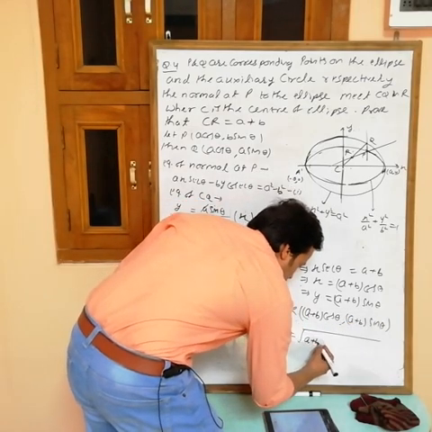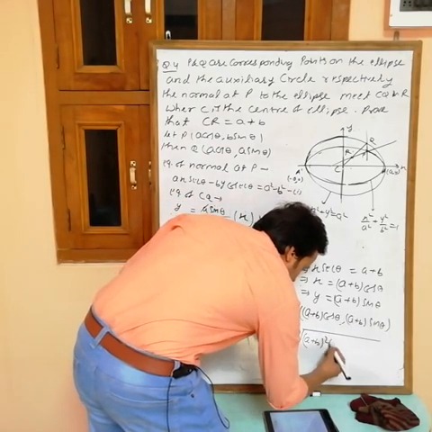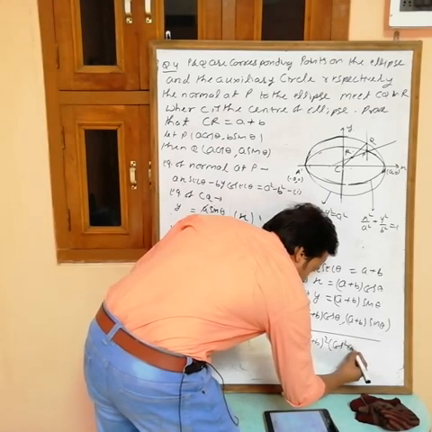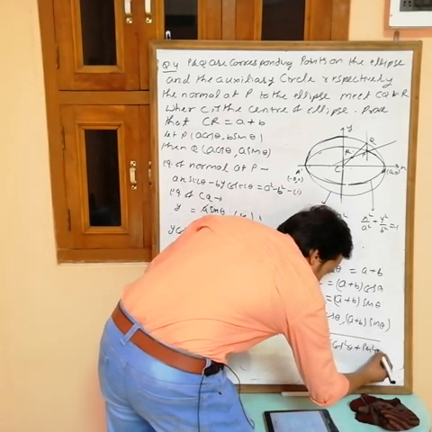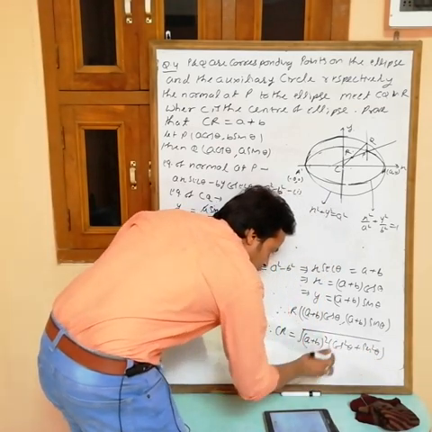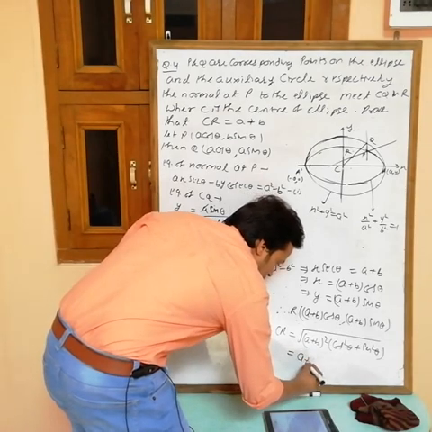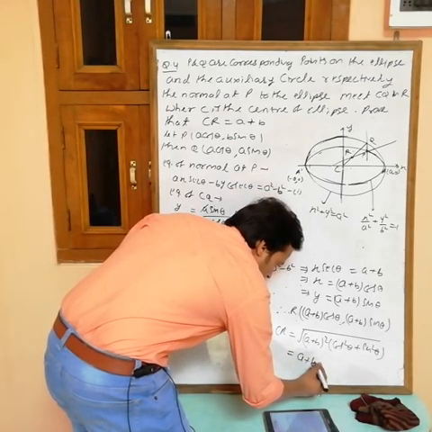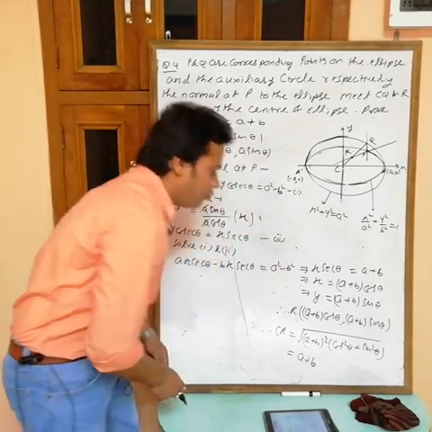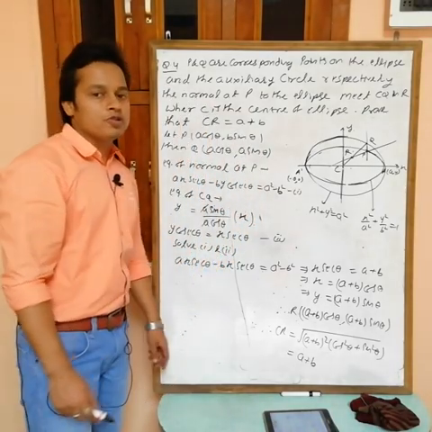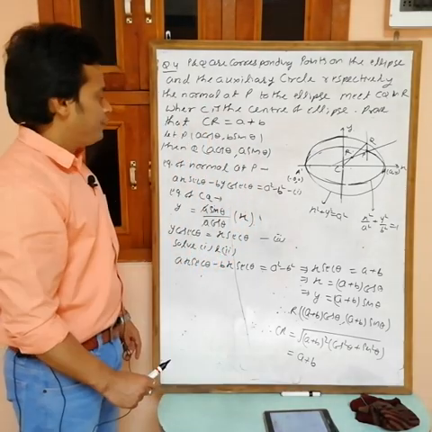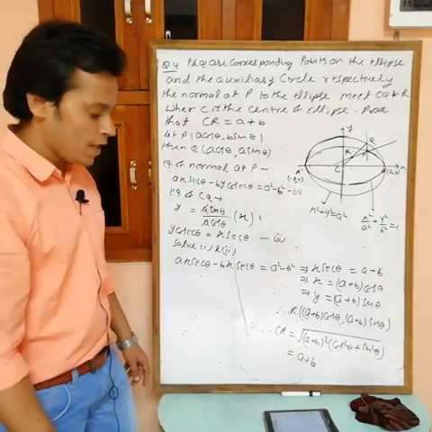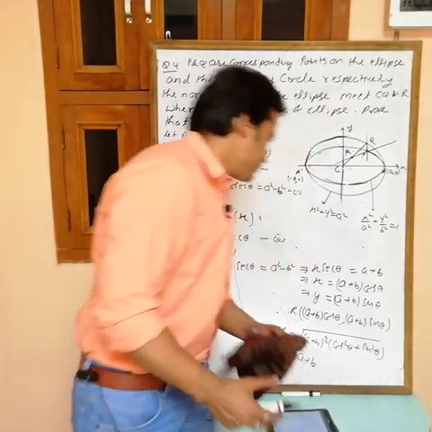A plus b whole square I can take common. Then you will get cos square theta plus sine square theta, which is equal to 1. Root of (a plus b) whole square is a plus b. There is no need to write mod because a and b are both positive. So CR is equal to a plus b. Clear? Any problem?